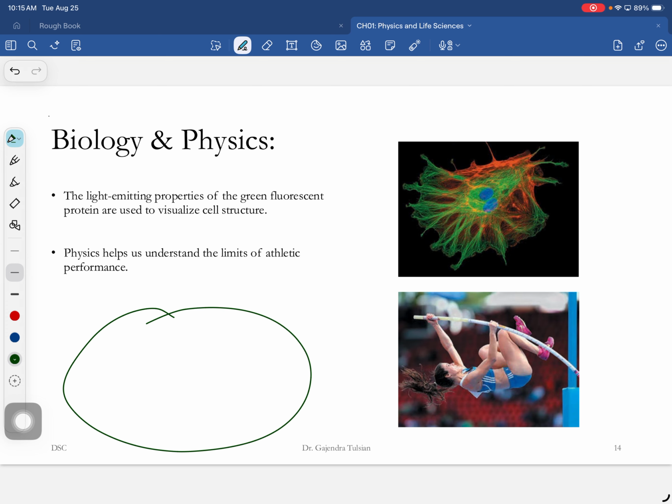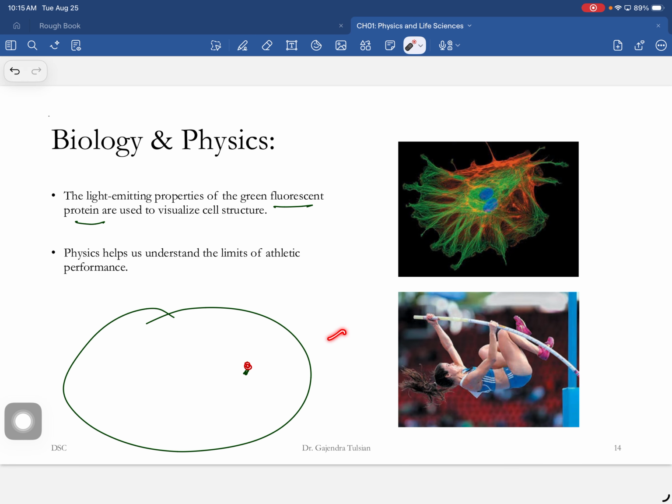So here's a cell, and you want to take a picture of this organelle. What you do is you take a molecule and attach a fluorescent part to it. So even though I painted it red, it's a green fluorescent protein molecule.